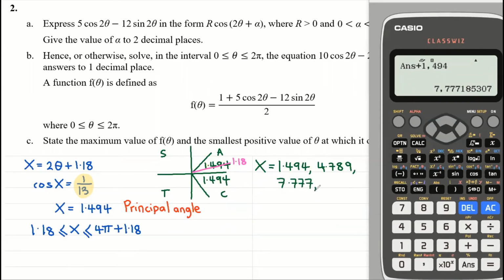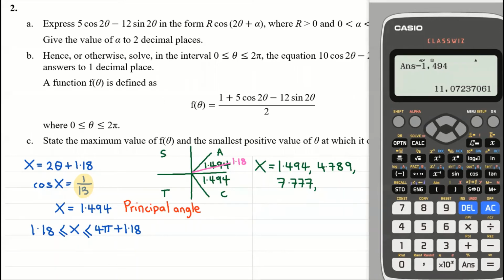Okay, so that's the second pass, and then we've got 4 pi subtract our principal angle. So 4 pi, and then subtract 1.494, and we get 11.072.